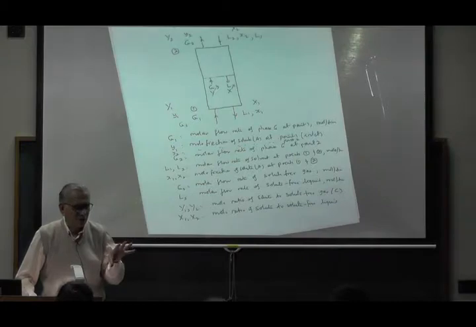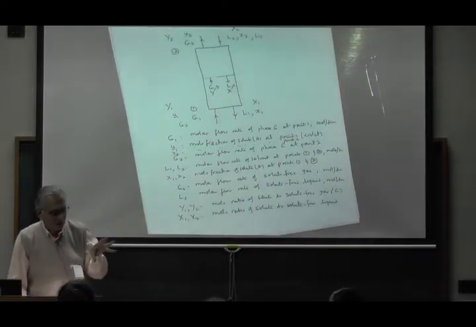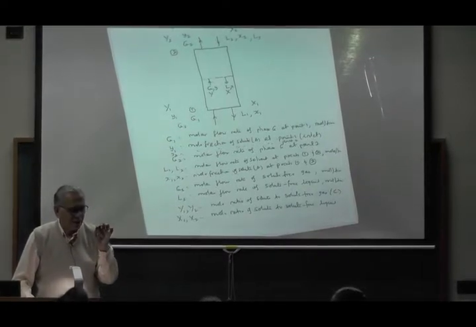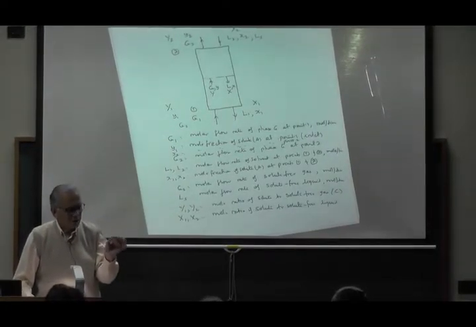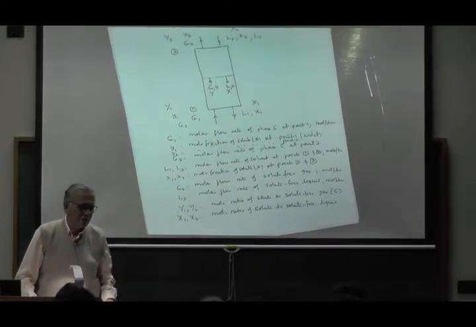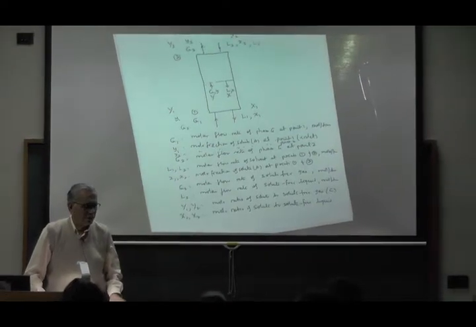Ammonia is being absorbed. If both are being absorbed, then of course there's a different problem altogether. Right now only one component is being transferred from gas to liquid, and that is what we define as solute. Solute is A.